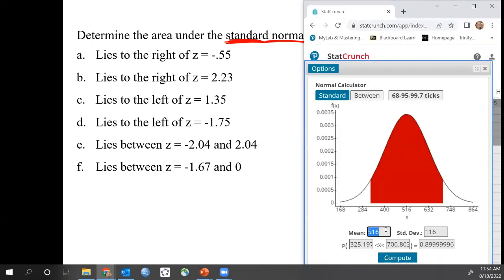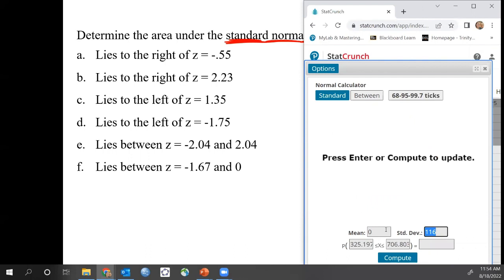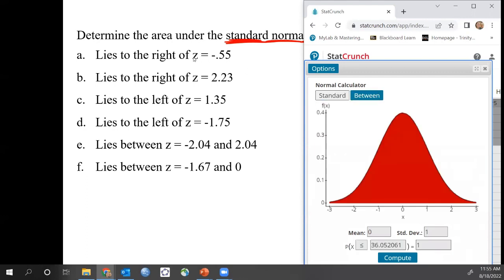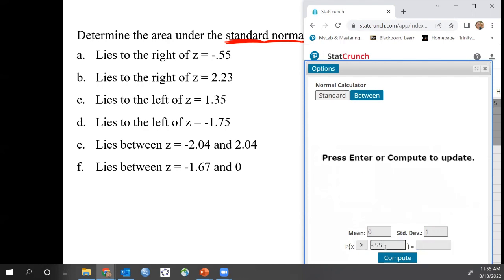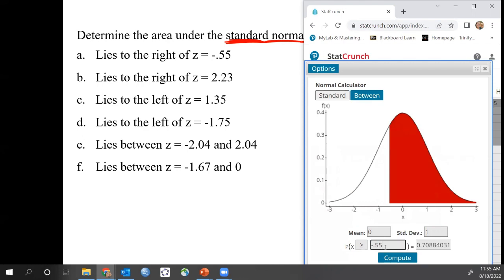The standard normal curve means the mean is 0 and the standard deviation is 1. All right, so we want to the right of negative 0.55. And there is our area. So the area for that first one, 0.7088.